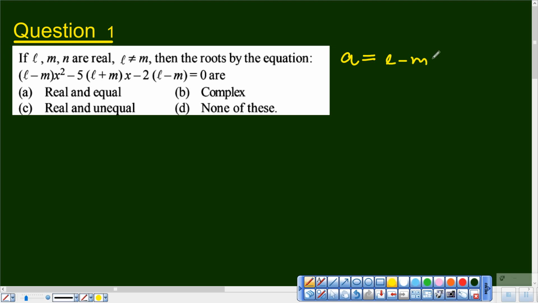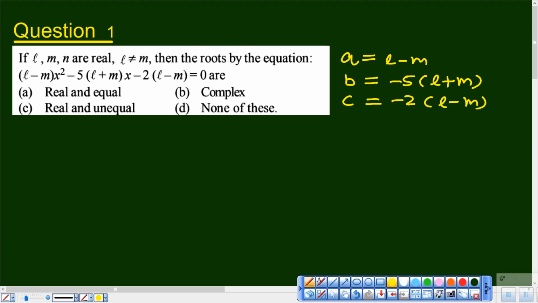And b is minus 5 l plus m, and c is minus 2 l minus m.